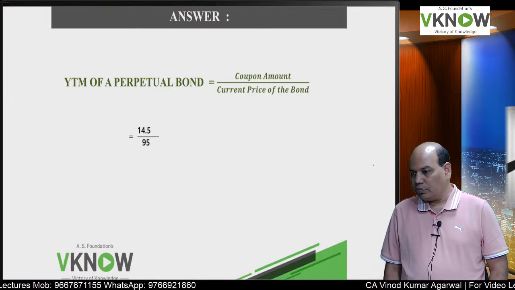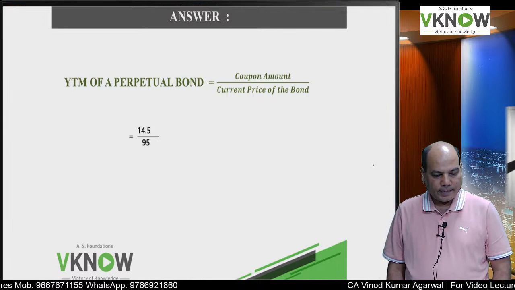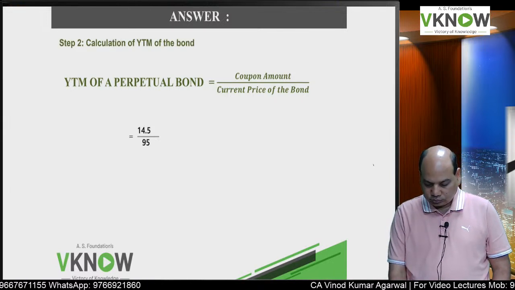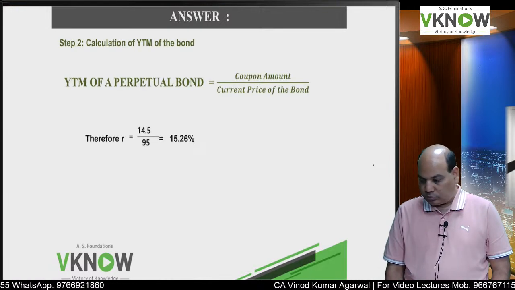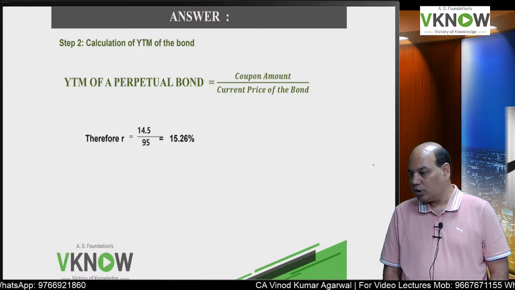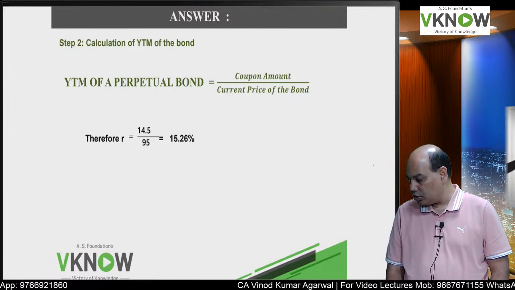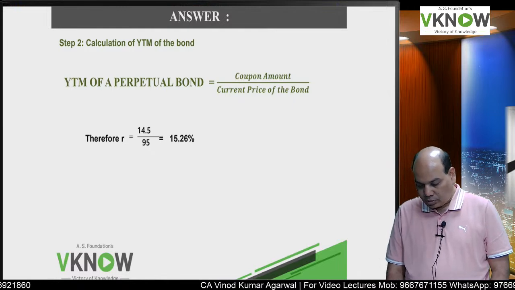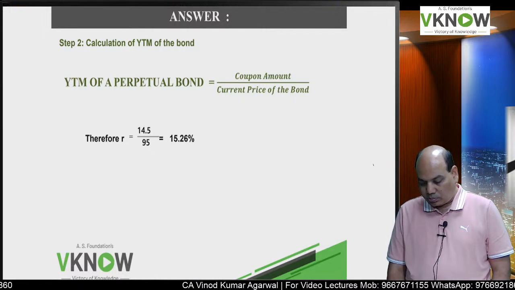Solve 14.50 divided by 95. That is equal to 15.26%. Are you getting 15.26%, Roshni? Yes, you are right.